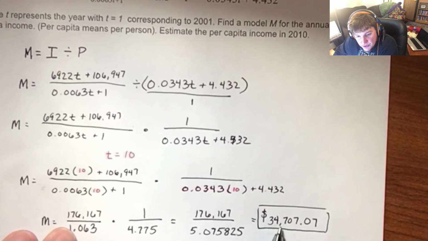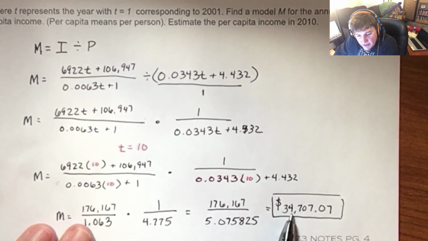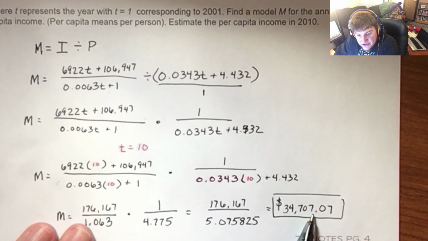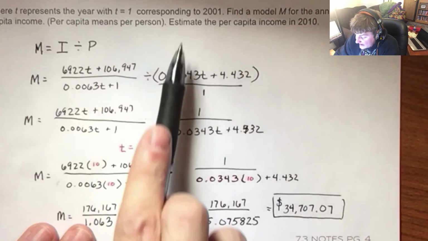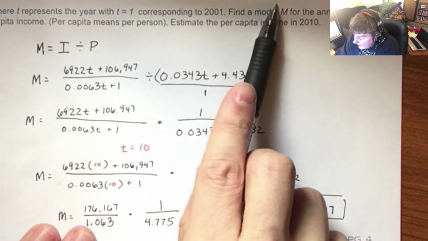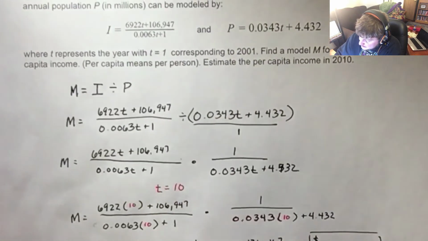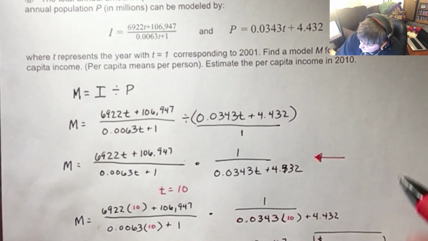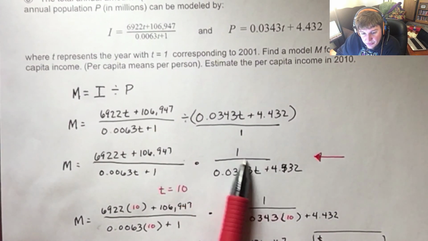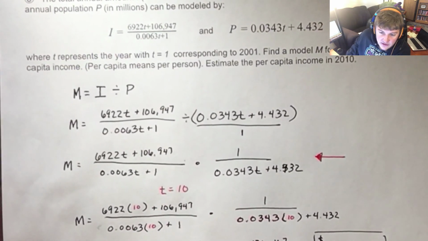So the average person in Alabama is making about $34,707.07. So this is the answer to the estimated per capita income, and the model M is this line right here, the one that turns our division into a multiplication of expressions that we can evaluate individually.